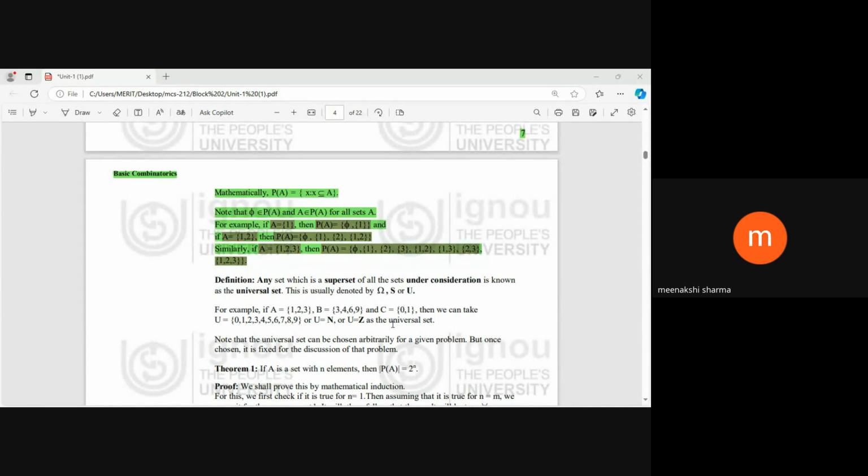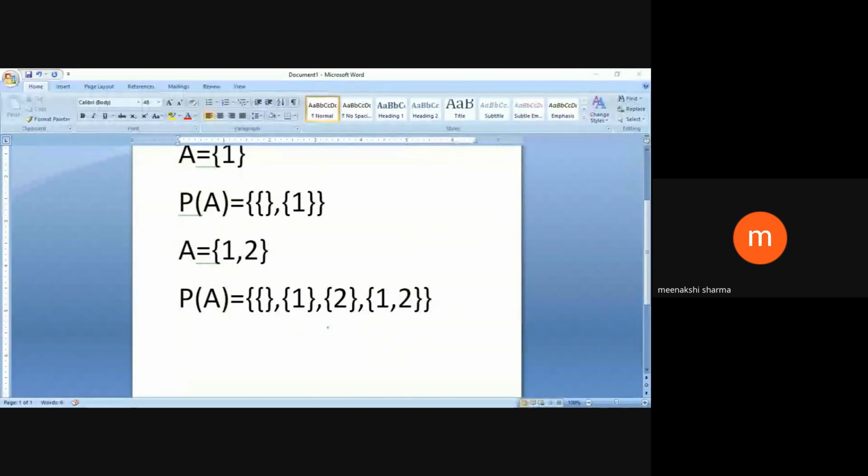Okay, students, these are examples of power set.